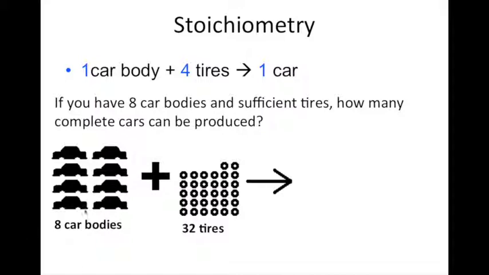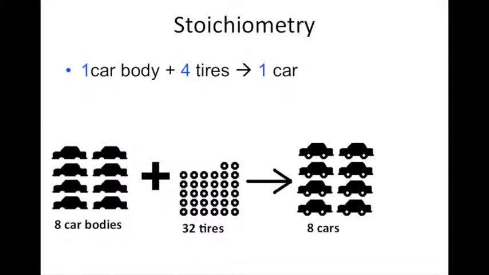Now, if we have 8 car bodies and at least 32 tires, how many complete cars could we produce? Well, again, our relationship tells us that for every 1 car body, if we have enough tires, we can produce 1 car. So we would be able to produce 8 complete cars.